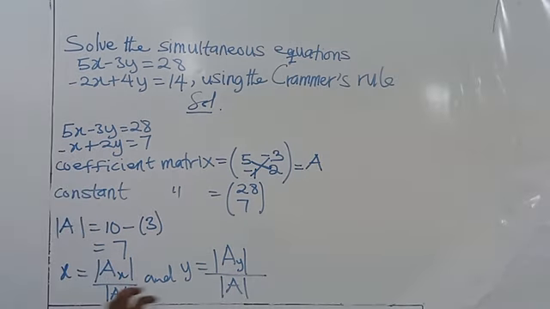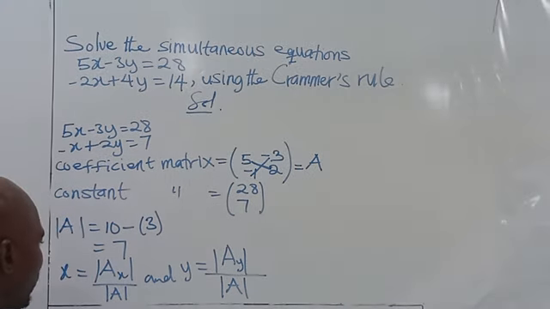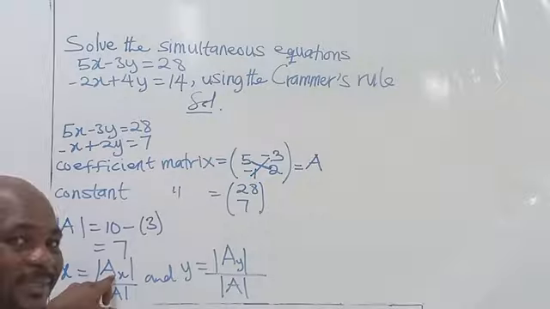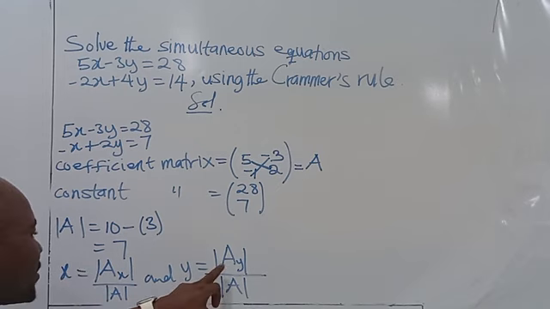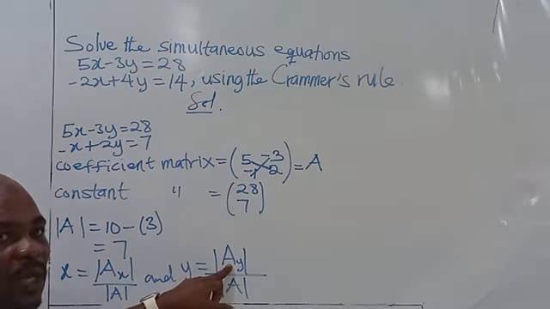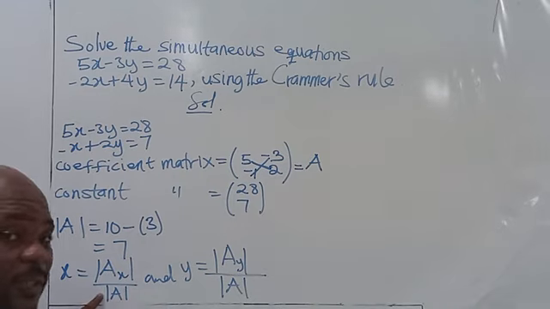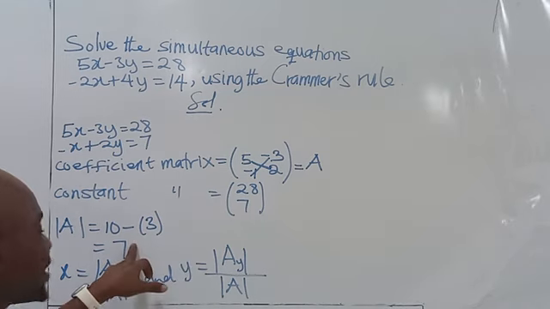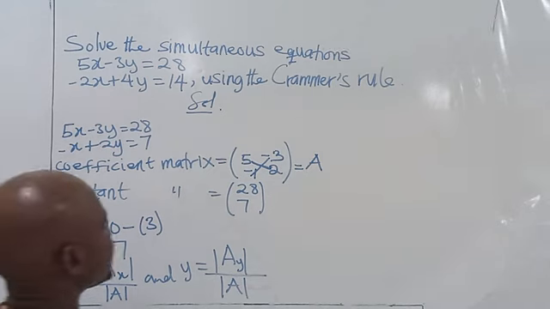This is how we find the values of x and y. So we are to look for the determinant of the matrix AX, and then the determinant of the matrix AY. We already know the determinant of A, which is 7. Alright, so now what is AX?